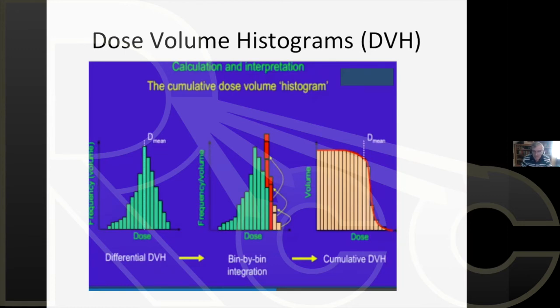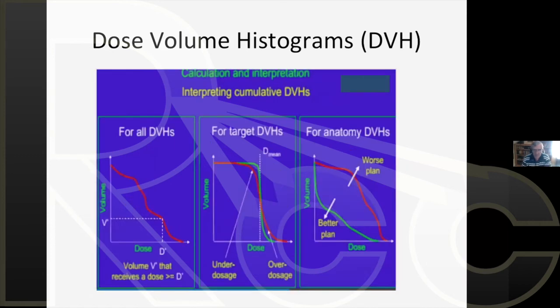You want a very steep slope for the tumor, which shows that the dose falls off sharply, and you don't have a lot of inhomogeneity. You don't have a lot of hot spots. You want a very steep slope for the tumor, and you want a more shallow slope way to the left and down for the organs at risk. So I hope that answers the question for you.